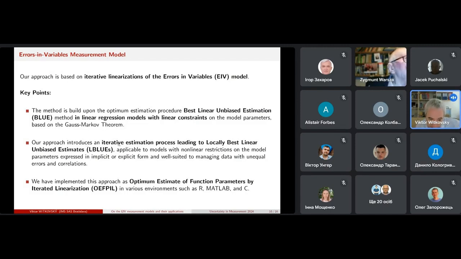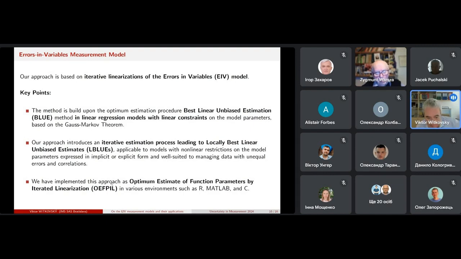So our procedure is an iterative estimation process, which leads not to best linear unbiased estimates, but to locally best linear unbiased estimates, which are optimal in a local point or a region around the estimated values.